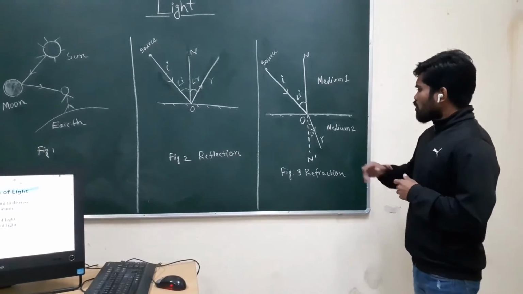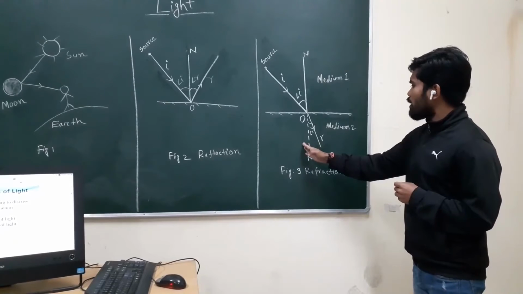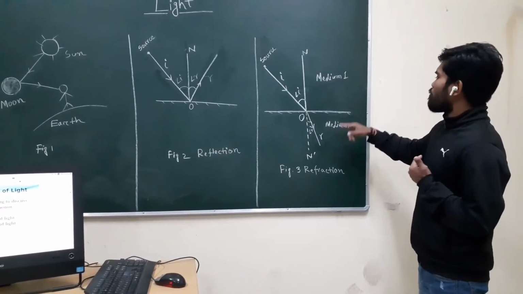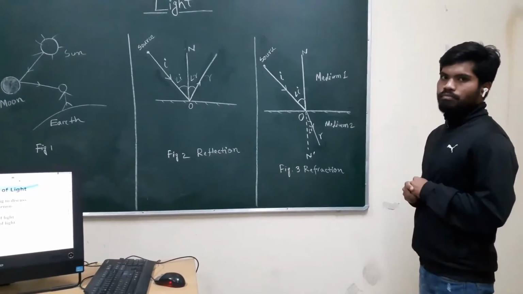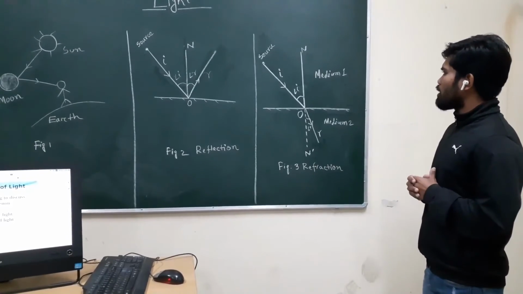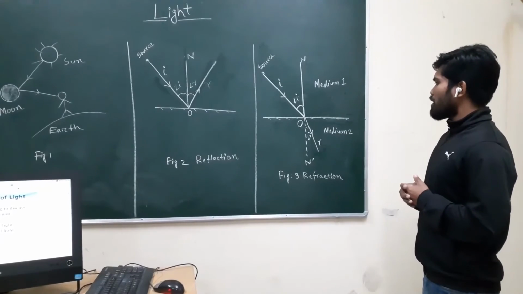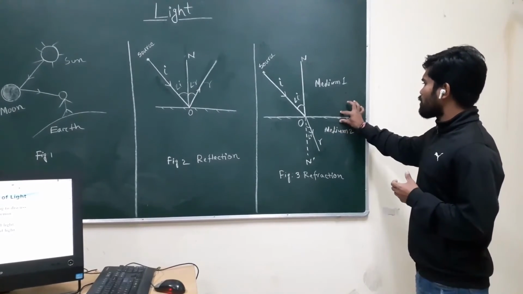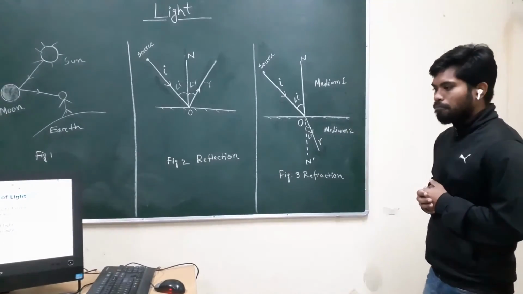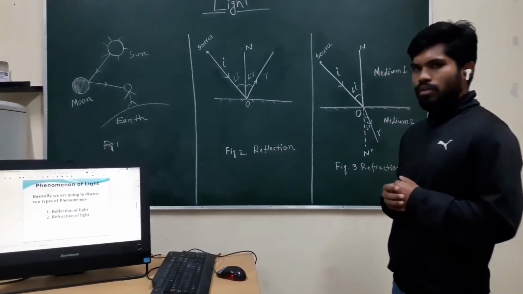This ray will change direction towards the normal if the density of medium 2 is greater than the density of medium 1. So refraction is basically the changing of direction of a ray of light when it passes across the interface of two media. So these were the basic two phenomena of light.